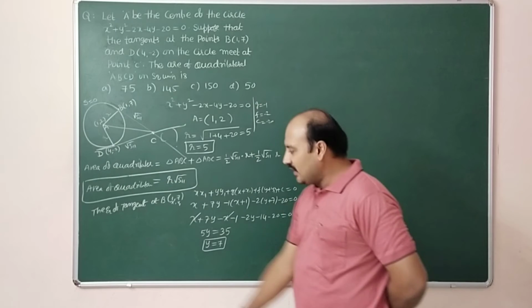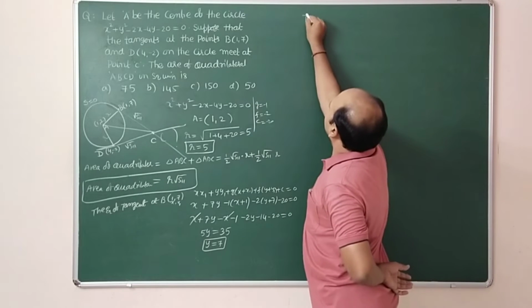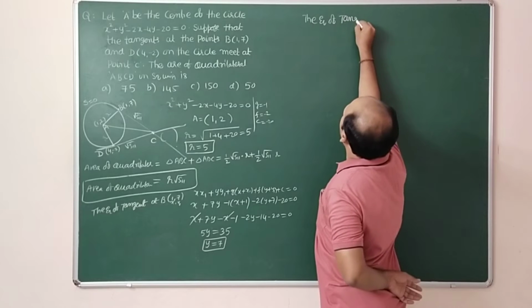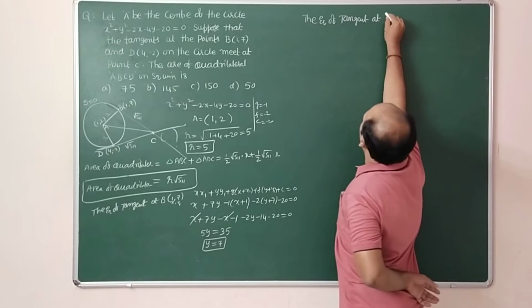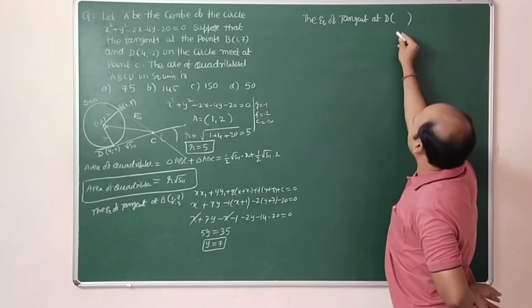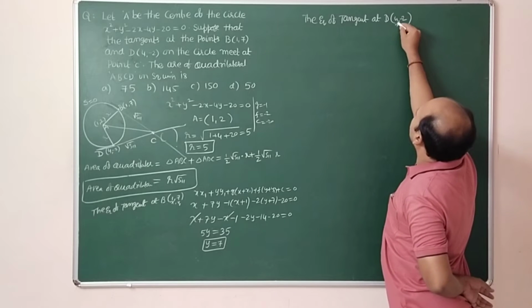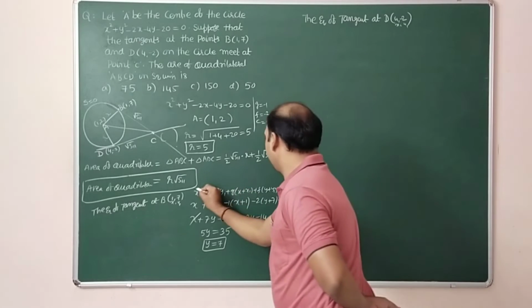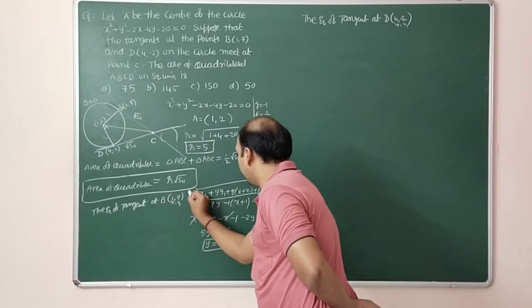At the point (4, -2) also you can calculate now. The equation of tangent at D of (4, -2), x1, y1, in this formula you can substitute. This is the tangent equation now.